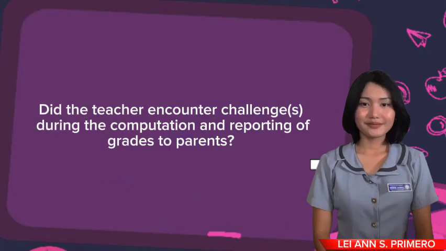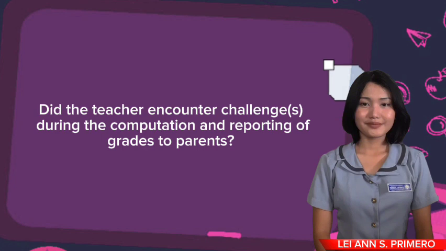When facing challenges in computing and reporting grades to parents, teachers can ensure that grading criteria are well defined and communicated to both students and parents. This transparency helps avoid misunderstanding and provides timely and constructive feedback to students, which not only helps them understand their performance but also keeps parents informed about their child's progress throughout the academic term.